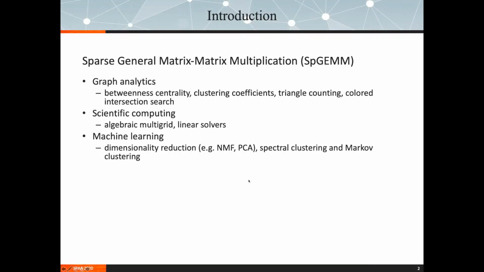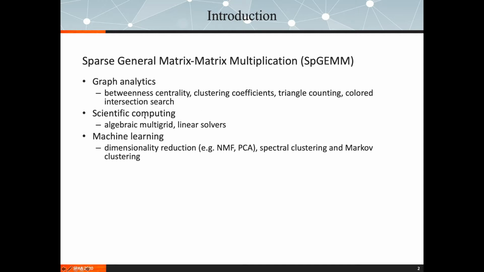First, a little bit of overview. Sparse matrix multiplication is getting increasingly important in modern days. It is an important kernel in many domains. For example, in graph analytics, SpGEMM is used in betweenness centrality, clustering coefficients, triangle counting, and colored intersection search.